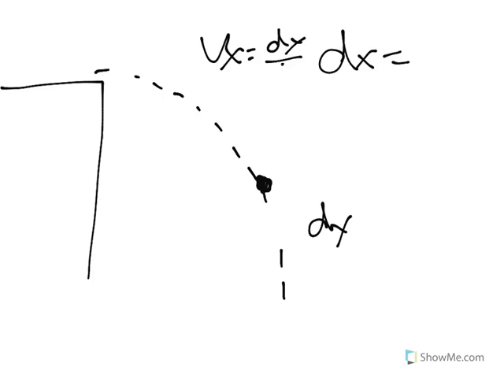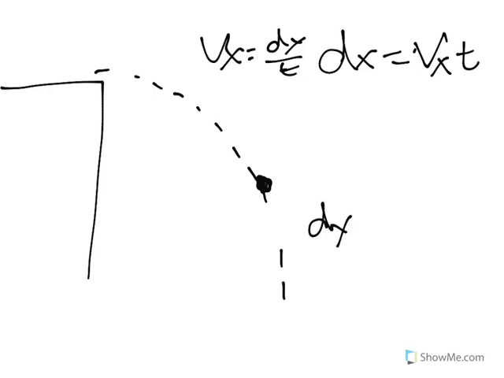If we're trying to find this, all we've got to do is do a formula for dx and a formula for dy. For dx, the formula is vx equals dx over t. If we solve for dx, it's dx equals vx times t.